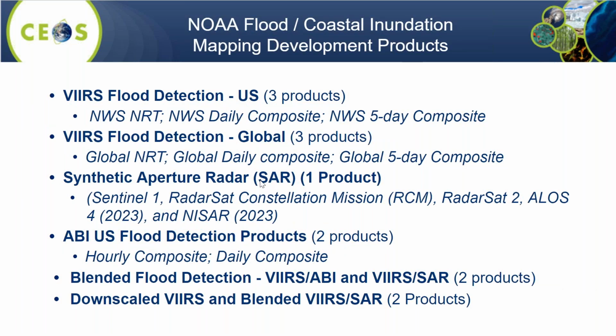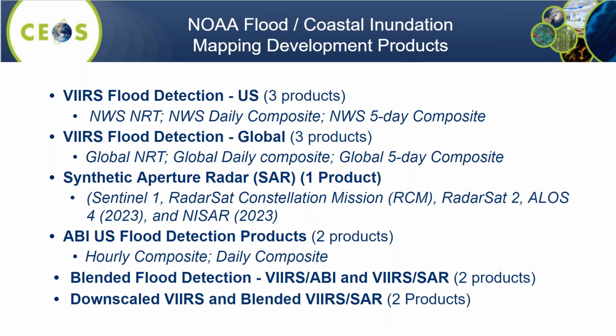So here are the types of products that we're generating. We have several VIIRS flood detection algorithms. We have some that are US specific. We have some that are going into global production. Some of them are composites to create as cloud-gap-free products as possible. And then we also have synthetic aperture radar standalone products using a combination of different satellites I've mentioned there.